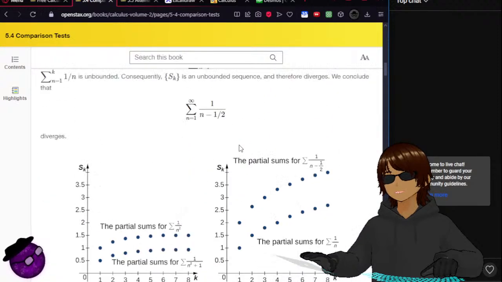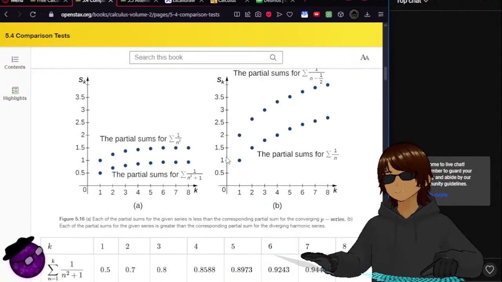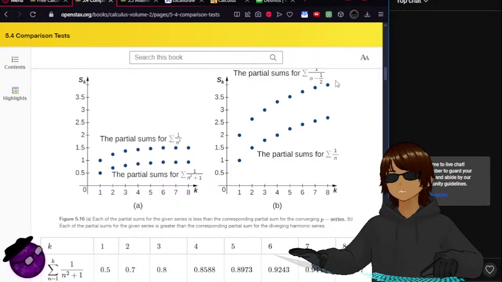Okay, I think that makes sense. So you have one partial sum here, another partial sum here. If this top one converges, the bottom one will converge as well. And if the bottom one diverges, then the top one will also diverge.